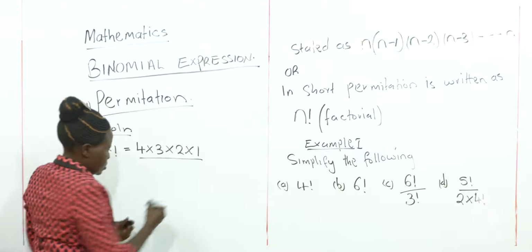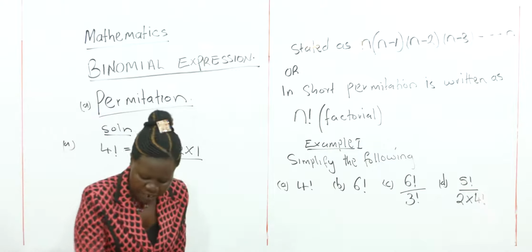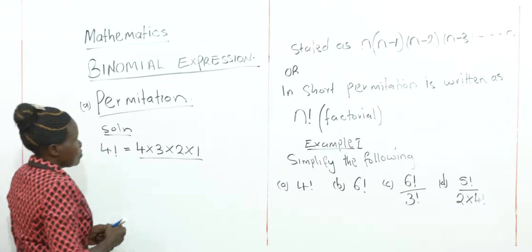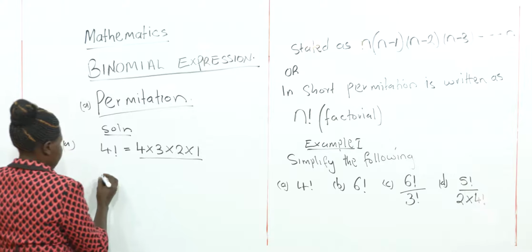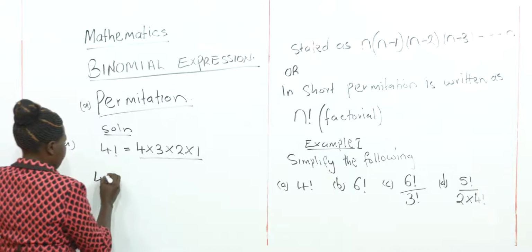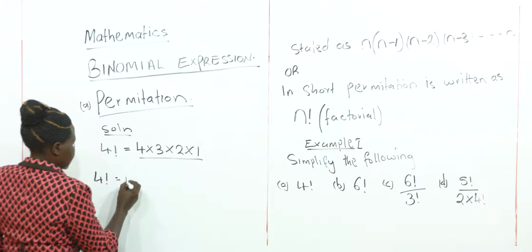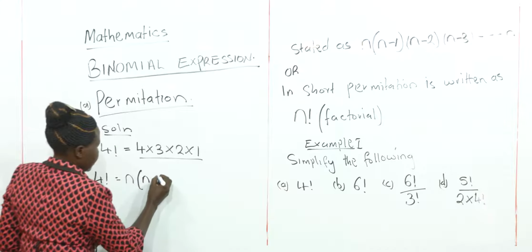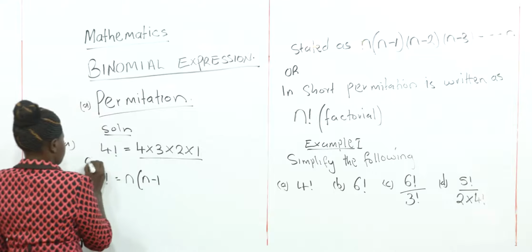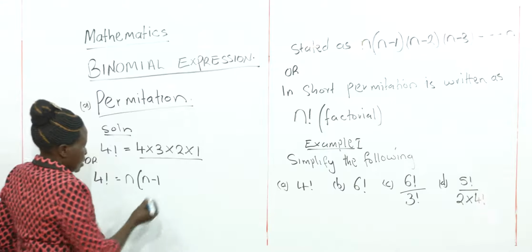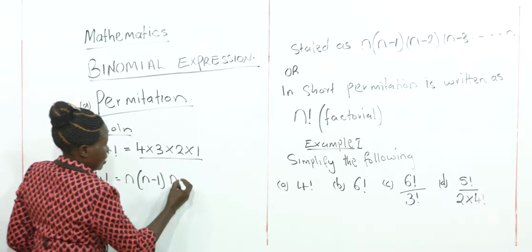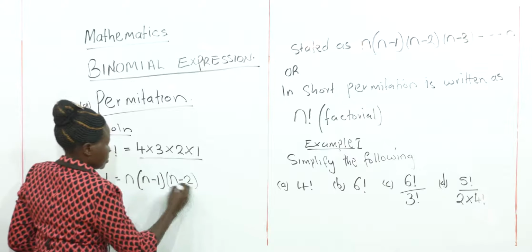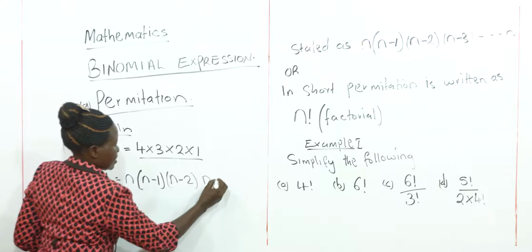Then those who said no, I want to use expanding form, then now we shall have our expanding form. 4 factorial is the same as n into n minus 1, or then n minus 2, and then n minus 3.